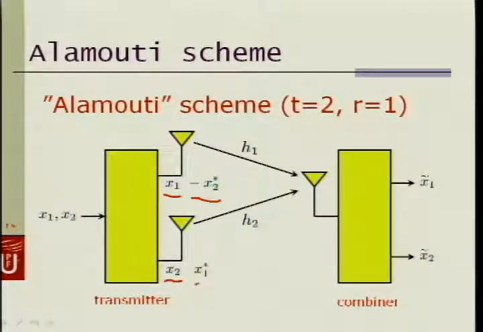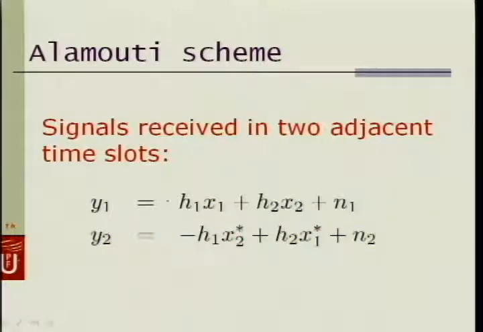This is what we transmit at time instant 1, and this is what we transmit at time instant 2. Let's assume that we have just one receive antenna, and H1 and H2 are the fading gains of the two. Okay. What we receive at the single receive antenna is a linear combination.